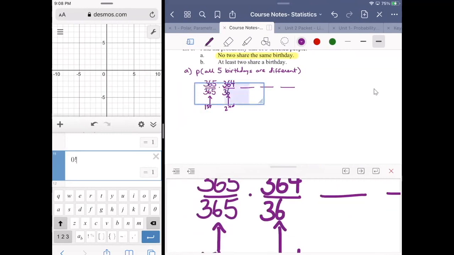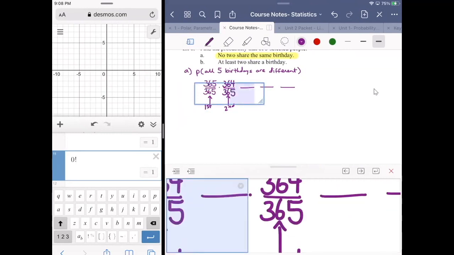And there's still 365 days in a year. We got to look at it with replacement because it's not like we're removing days from the year. Those are still available because people still can be born on the same day. We're just looking for the cases where they're not. Right. So the third person can be born on any day other than the days that the first 2 people were born. So first person was born on January 1st. Second person was born on April 15th. Those are 2 days that are eliminated from the set of 365.